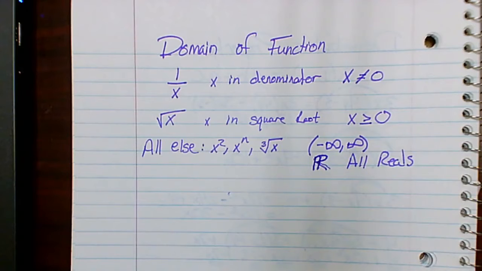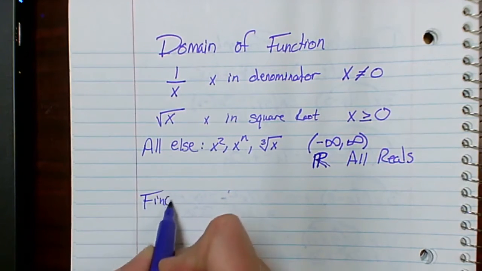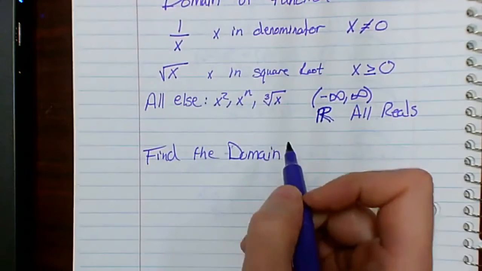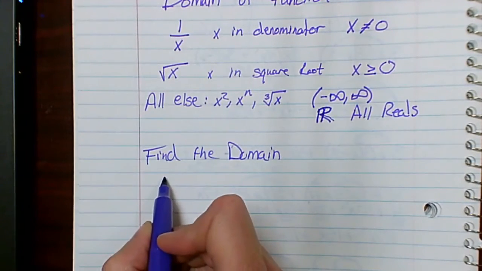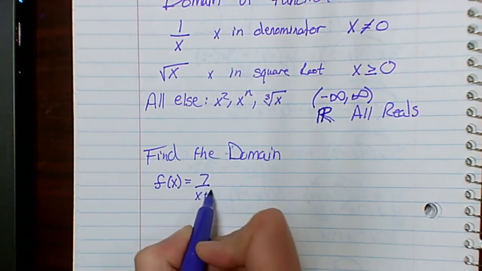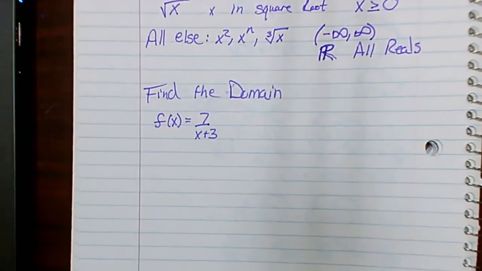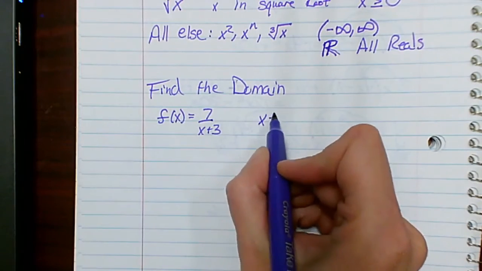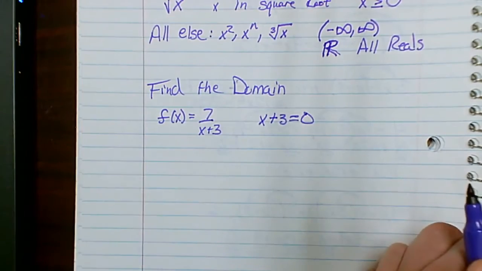So let's go ahead and look at a few examples. So we are going to find the domain. We have f of x equals 7 over x plus 3. Well, x is in the denominator, so x plus 3 cannot be replaced by 0.